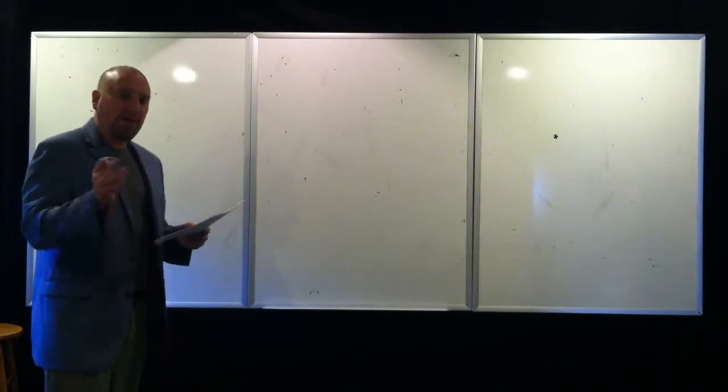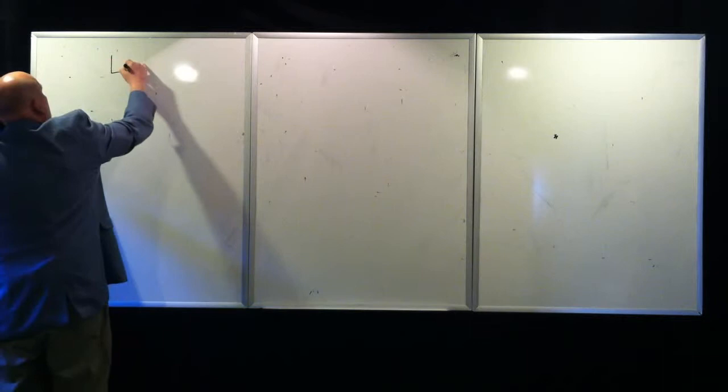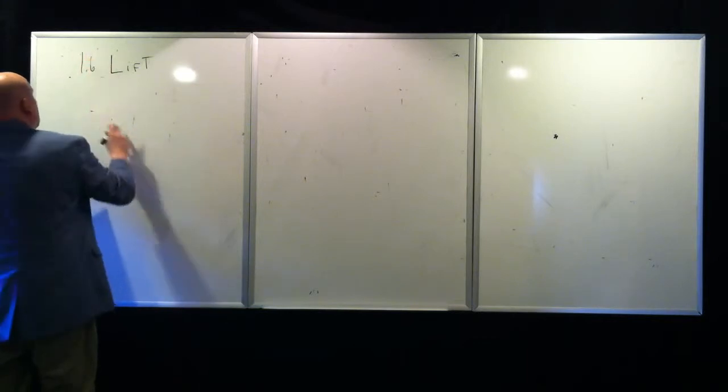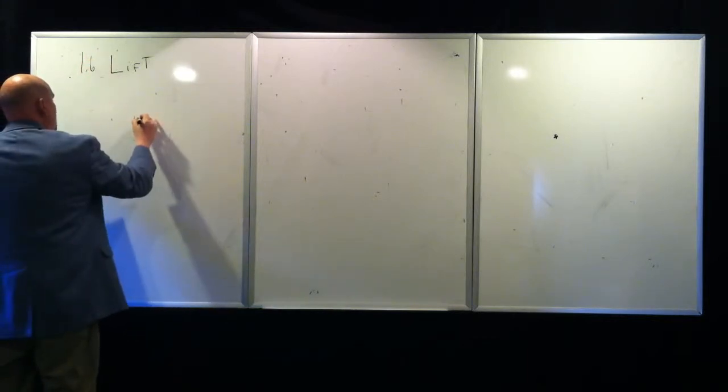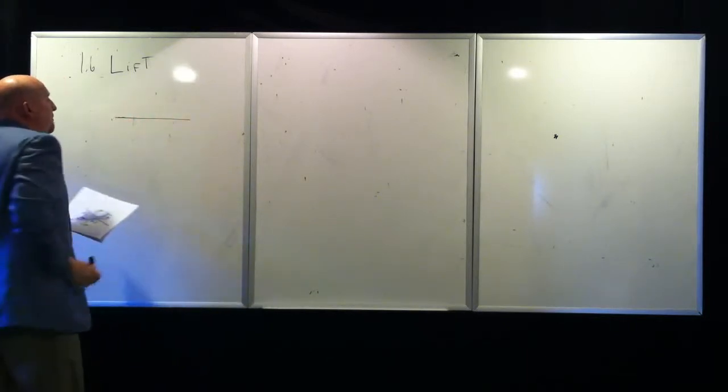So in your notes there's a better picture of an airplane, but for formality's sake, let's talk about lift. So lecture 1.6. If we have a plane, I'm just going to represent it as a line. This is going to be our plane.